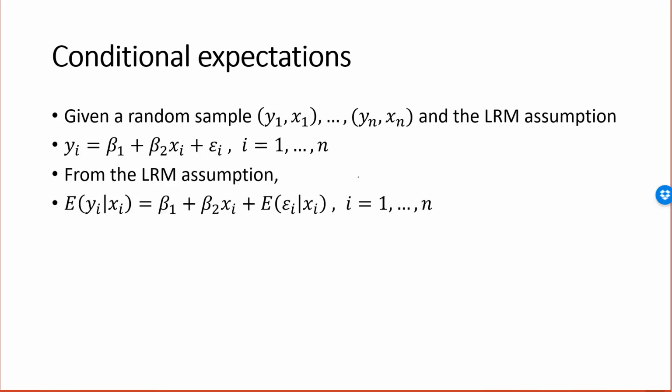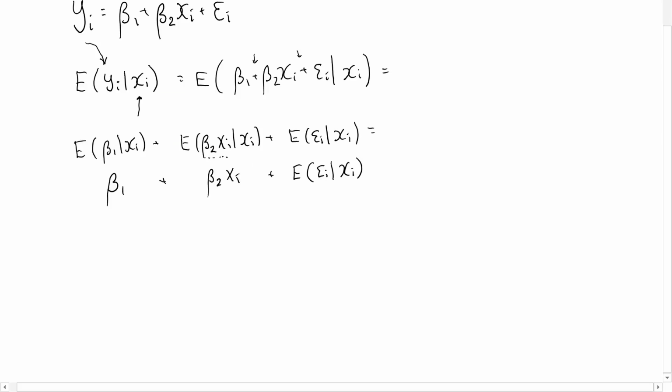So let's think a little bit more about this part here. This is kind of a key component in the linear regression model. The error term, remember, contained all the stuff that affects yi in addition to xi. This is the expected value of all that stuff for a given value of xi.